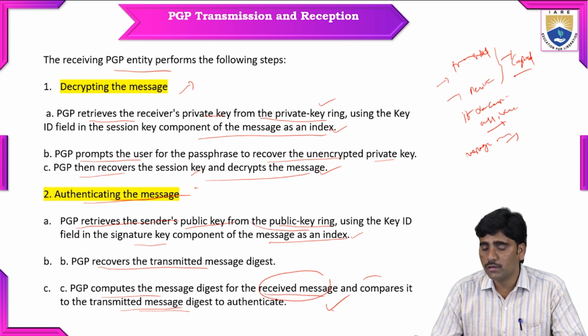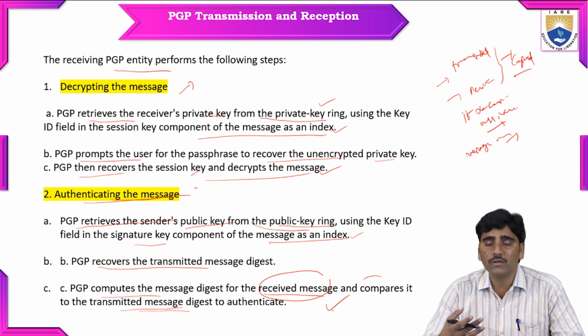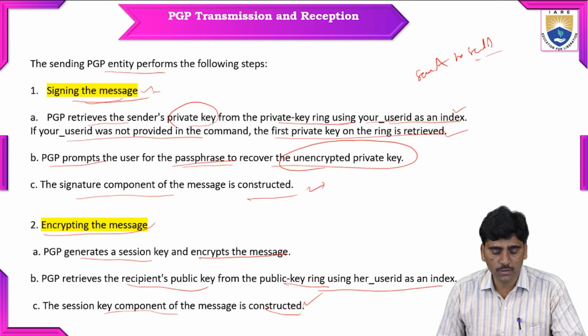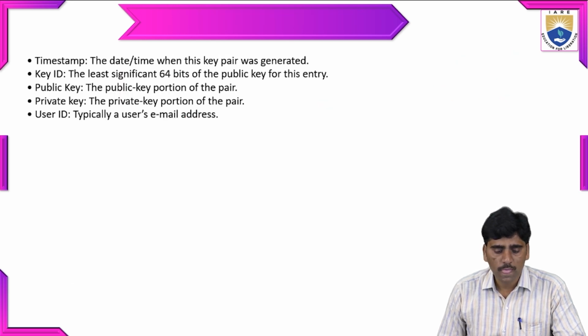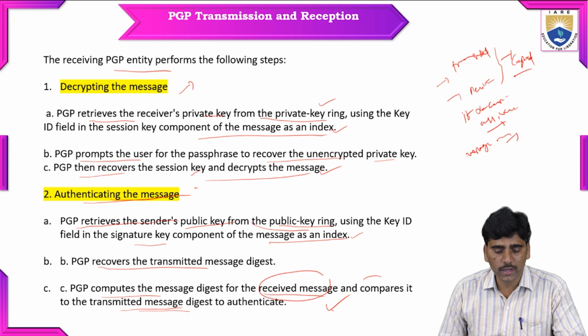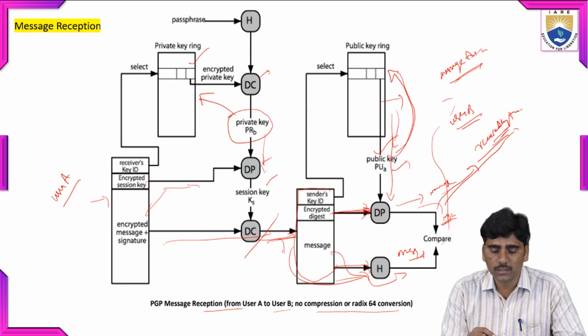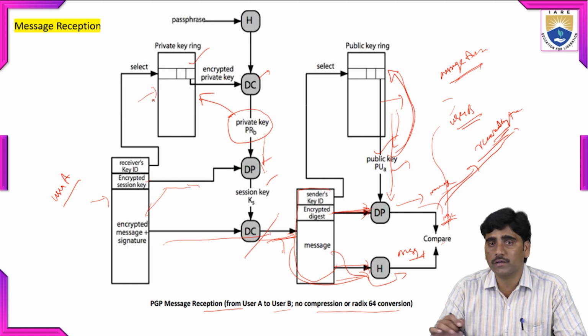Just as there are certain steps involved for encryption and decryption, there are also steps for authenticating, encrypting, encoding, decoding, and signing the message, as well as applying the authentication process. These are all the steps involved in PGP transmission and reception of messages. In all these diagrams we can see the key IDs are identified from the key rings.